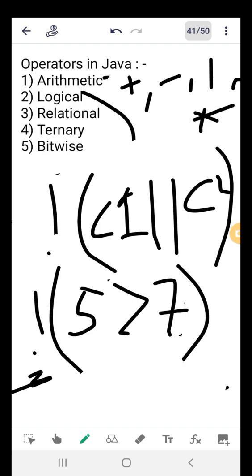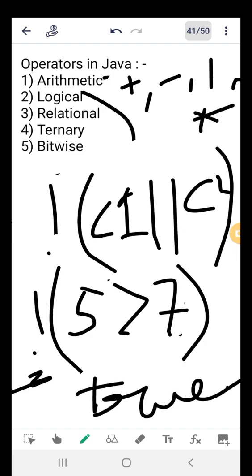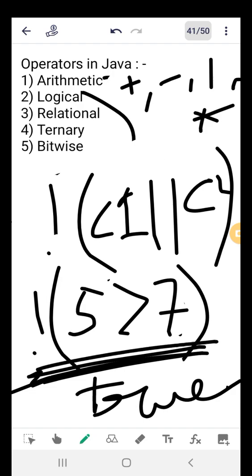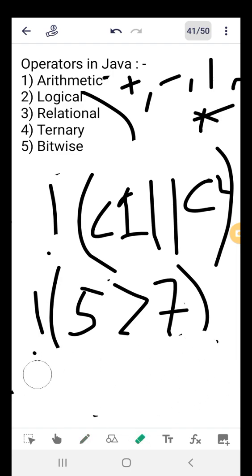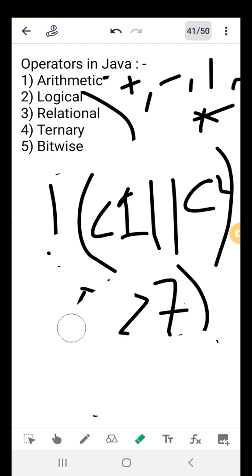No, 5 is not greater than 7. So that was the condition, right? 5 is greater than 7 we are saying, but that should not be, so that will be true in this case. This is saying that not 5 is greater than 7, so obviously it is true. Understood? It will just negate whatever is inside it.